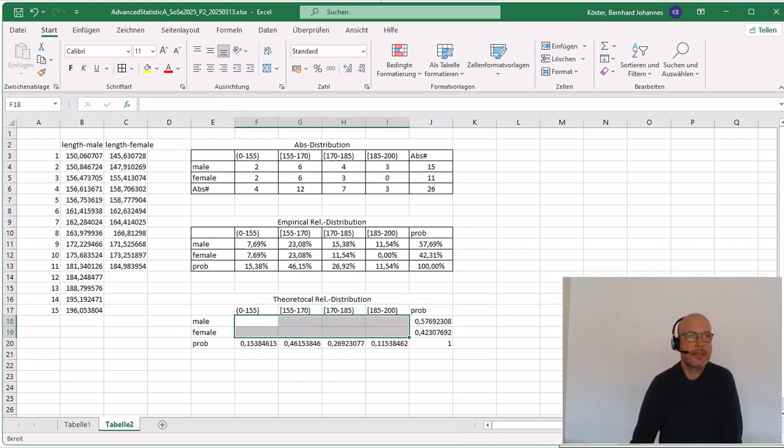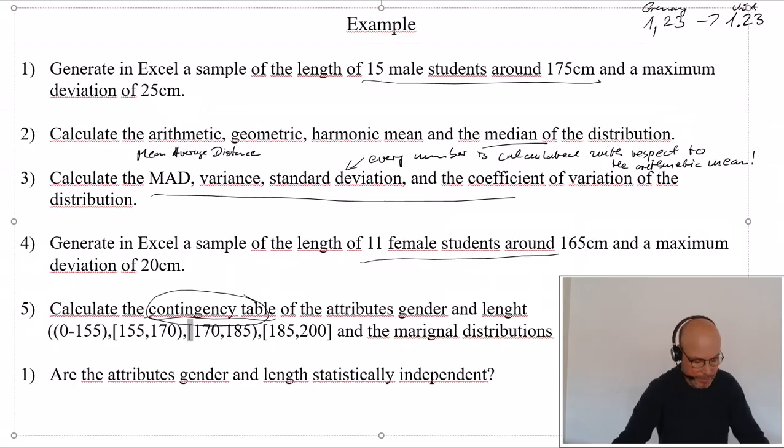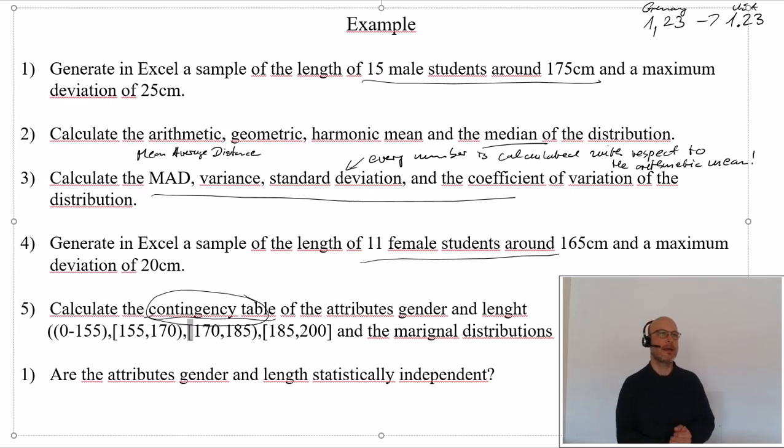And what is this? With the assumption that both attributes are independent. What does independency mean? This hopefully you also know from your introductory course in statistics. If events are independent, then I have to multiply the probabilities.